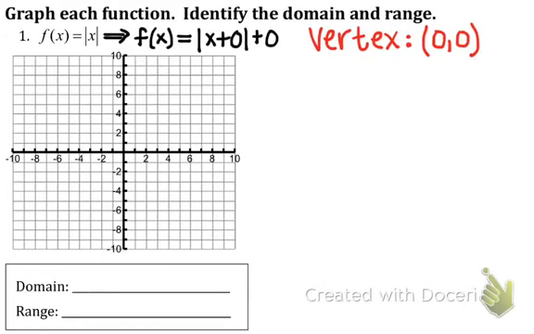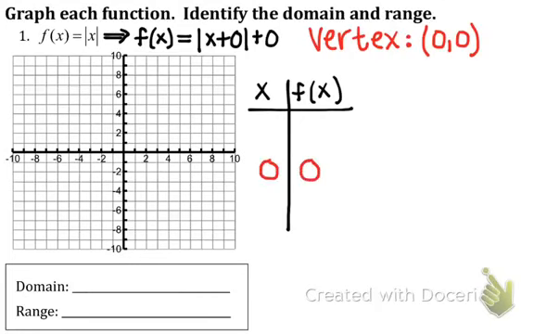So now that we have our vertex, we're going to move right into making a table so that we can plot some points. So just like our piecewise function, we'll have a table consisting of an x and an f of x column. Now in our x and f of x column, the first thing we're going to put in is the vertex. And notice that I put the vertex a little bit down in the table.